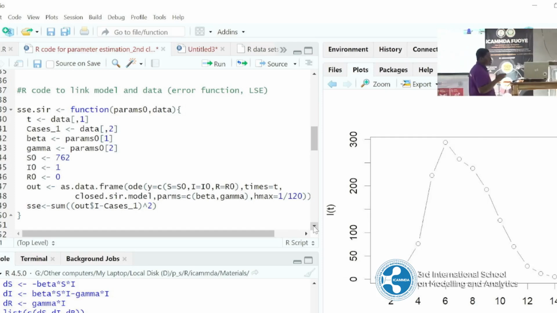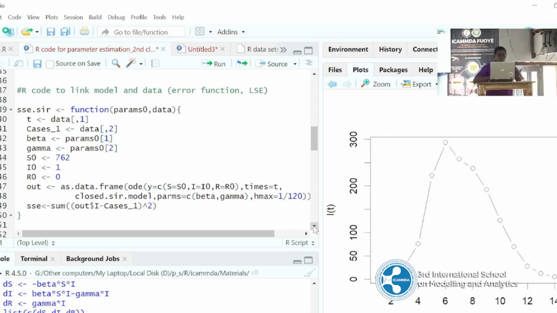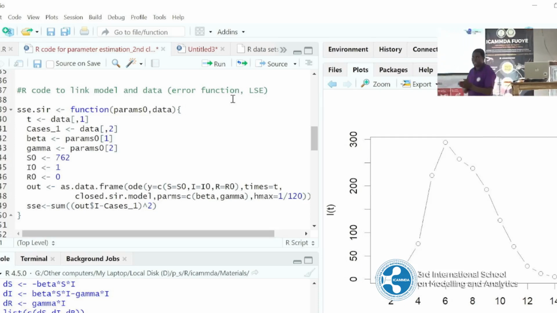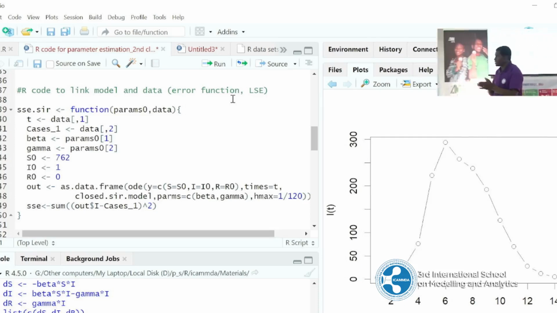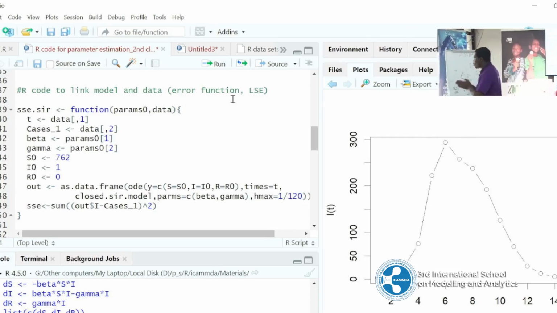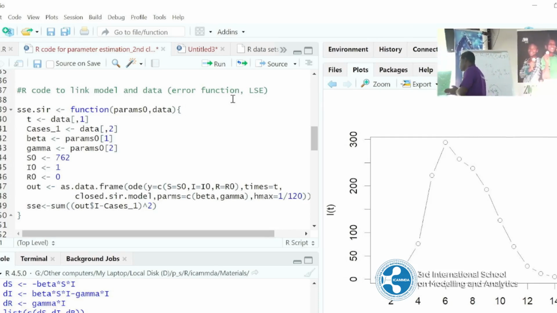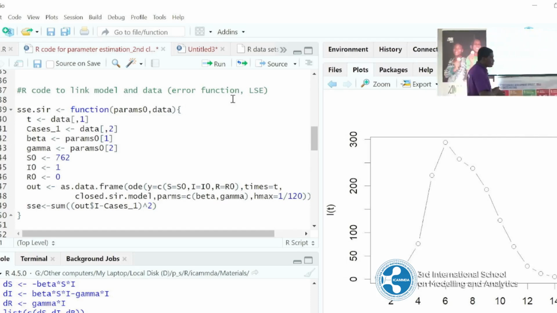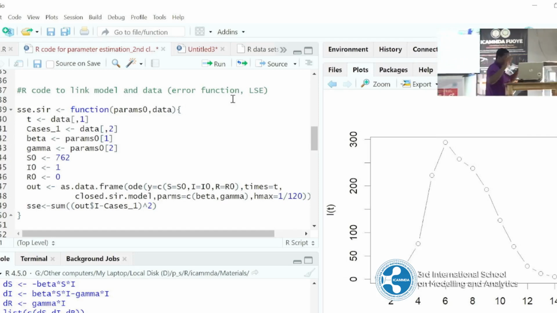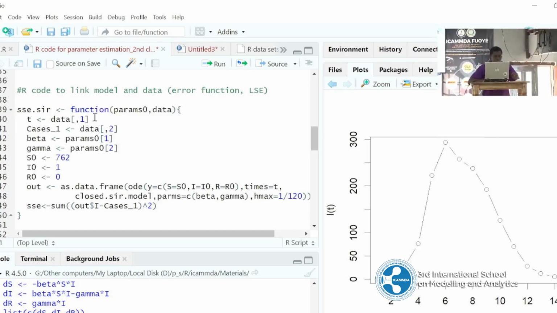Now after putting in your model, you now also put in what we call the error function. What do I call it? Error function. This time around, the error function I want to use is LSE, the least square estimation method. Are we together? All right. So what does that function do?